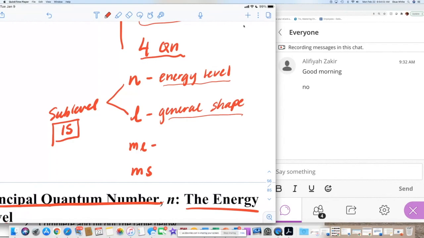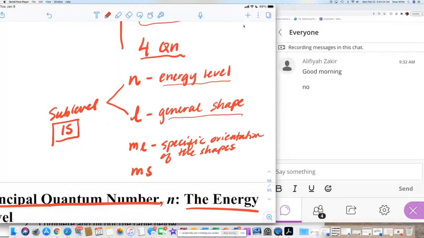M sub L provides you with a specific orientation of the shapes. So we find that in the 4 main categories of the different shapes, some of them are different in their orientation, where they are aligned in space.